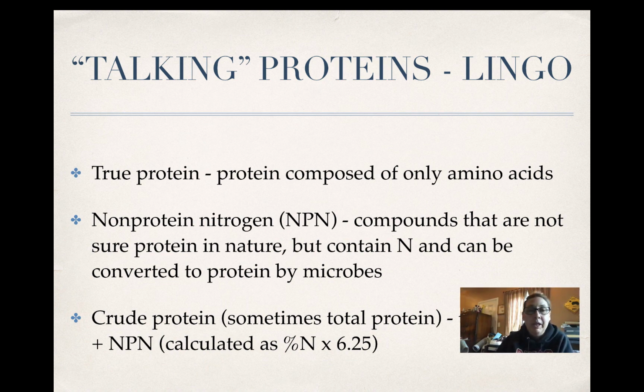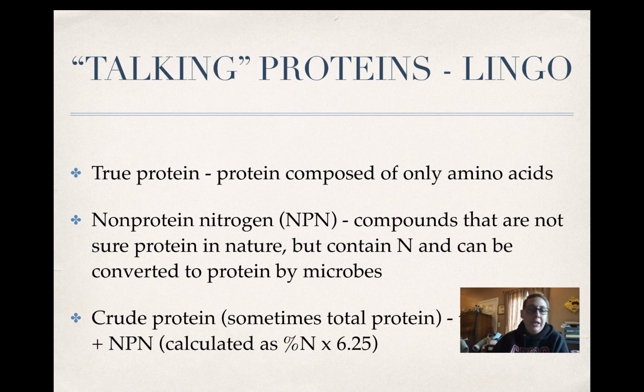And so when we contrast the two, together they make up what we call crude protein. But true protein is the one that has only amino acids and is, like we talked about, the structure and all of that. Then we have non-protein nitrogen, and those are things like urea, biuret, that are high in nitrogen, but not protein in nature.